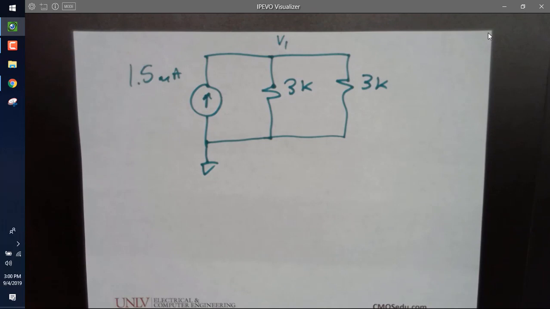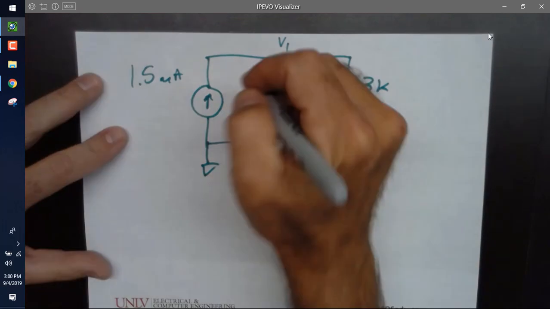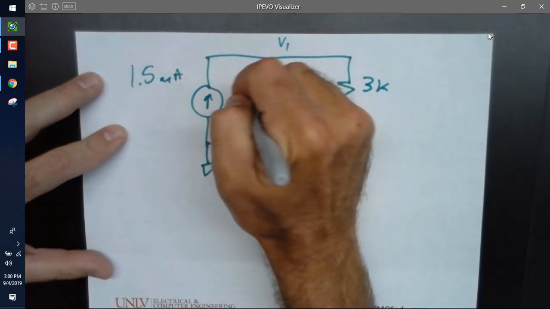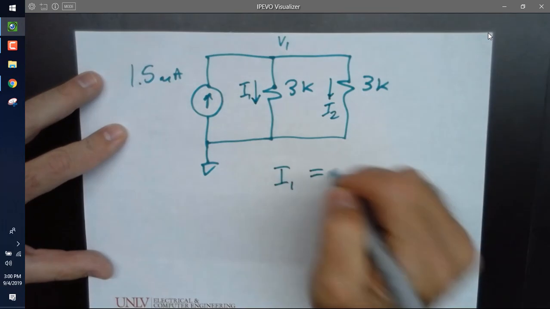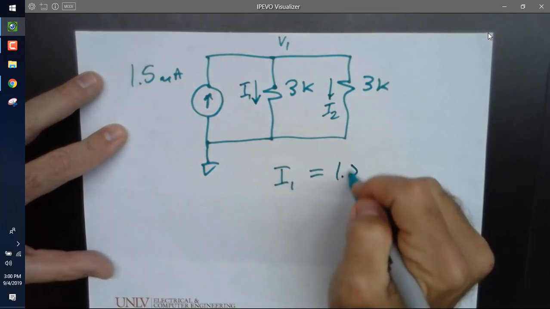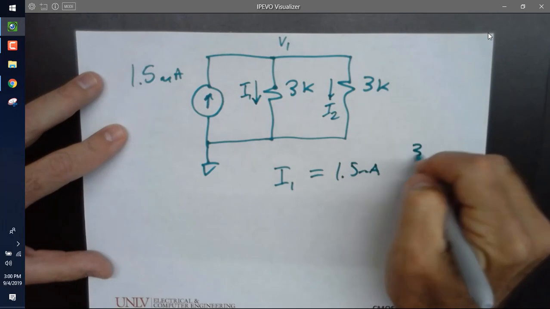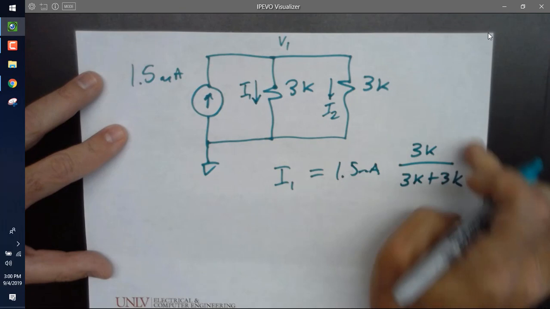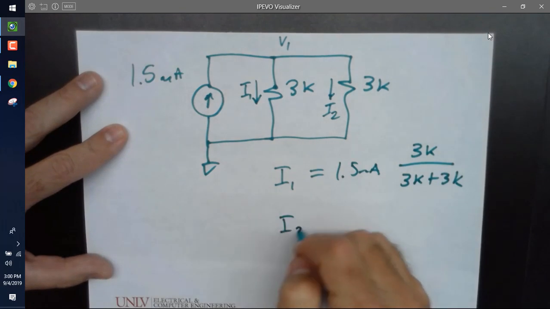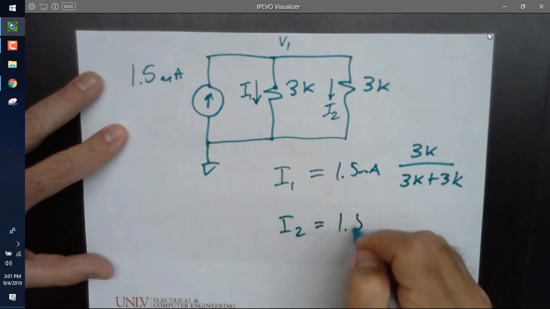Does everybody follow that? Let's prove it using our current divider equation. Let's call this I1, I2, and I write I1 equals 1.5 milliamps times this 3K all over 3K plus 3K. And of course, what is this term simplified to? 1/2.